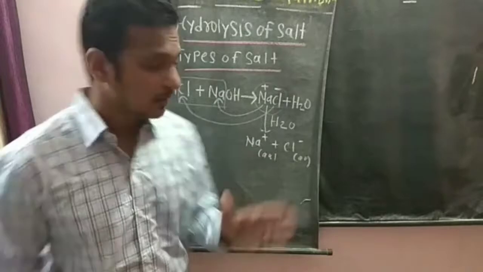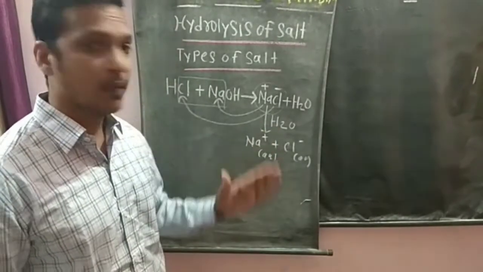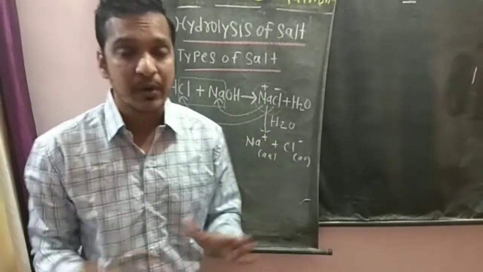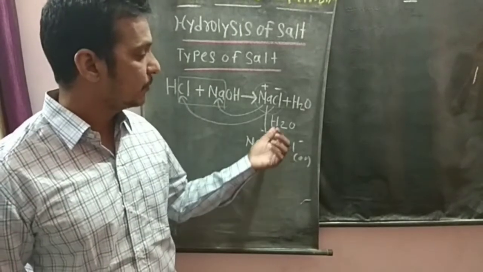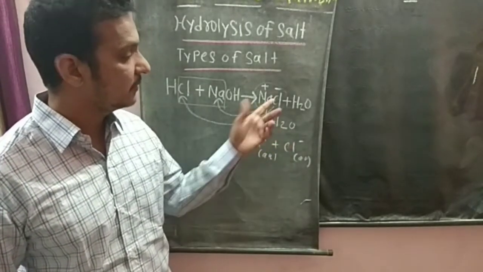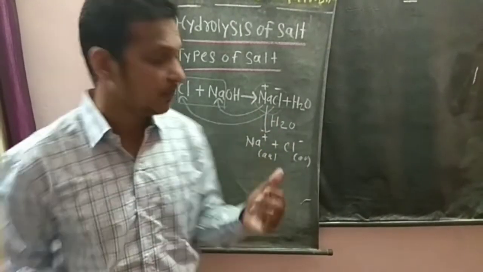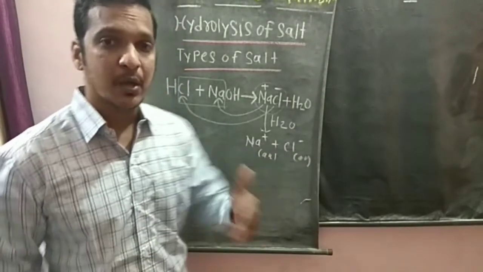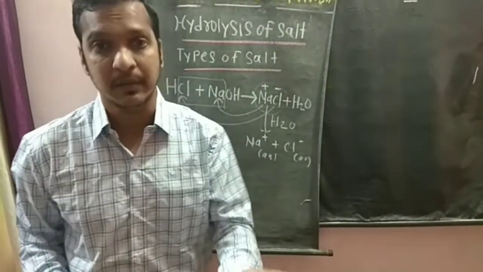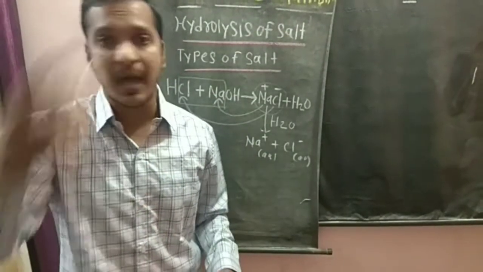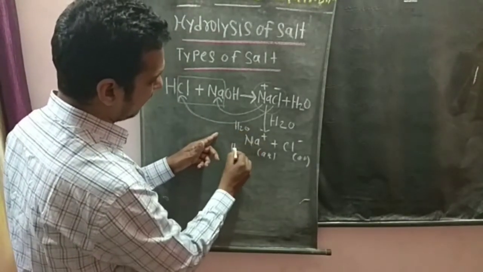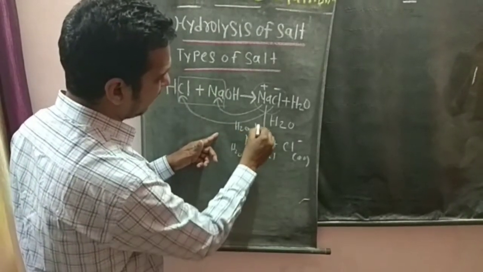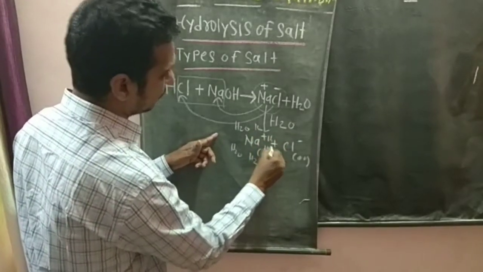But in such a case, the ions formed by the breaking of the salt by water do not react with water further. Only water molecules surround the ions like this: H2O, H2O, H2O, H2O, H2O, H2O.